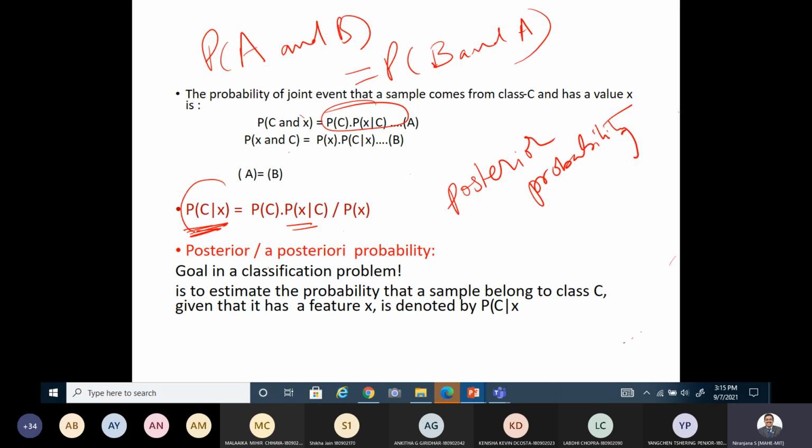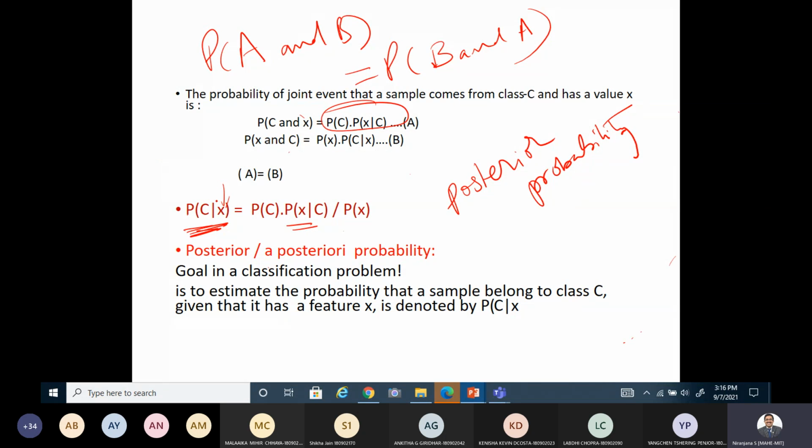Here, if you try to see the variable, probability of C, you will be predicting C from the feature which is already extracted for a given pattern, say X. So suppose a pattern with feature X is given to you, where X is extracted and known.